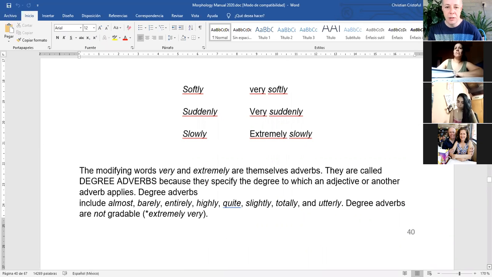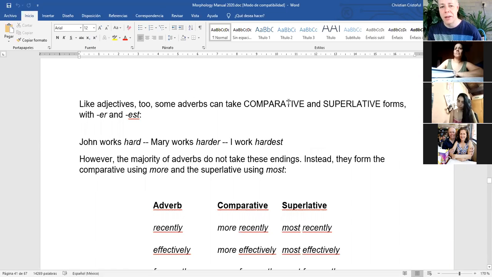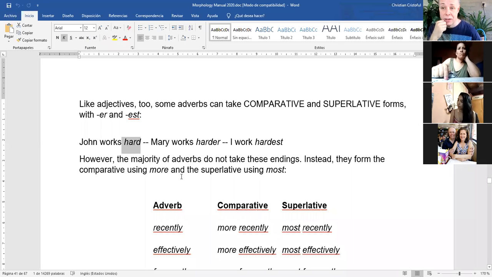Let me see. What else do you need to know? Comparative and superlative forms. Some adverbs can take comparative and superlative forms. For example, John works hard. The word hard is an adverb in this case because it's telling you how John works.